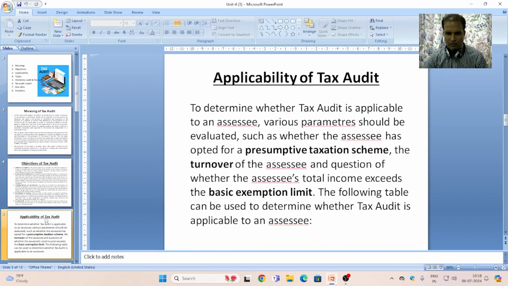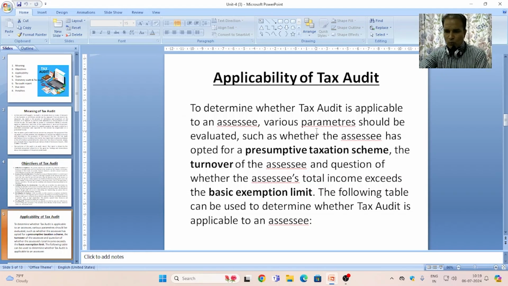Now we discuss the applicability of tax audit. Actually, this is the gray area under the head tax audit. To determine whether tax audit is applicable to an SSC, various parameters should be evaluated, such as whether the SSC has opted for the presumptive taxation scheme, the turnover of the SSC, and whether the SSC's total income exceeds the basic exemption limit.